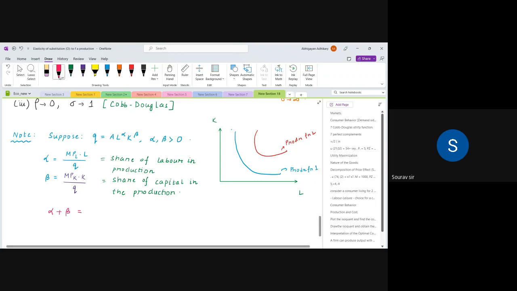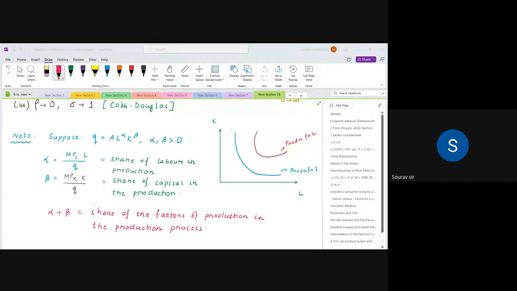It will be basically the share of the factors of production in the production process. Correct? All of you agree with me? Alpha is labor and beta is capital, so if we add both we get total share of labor and capital, and total share of labor and capital means total share of the factors of production.